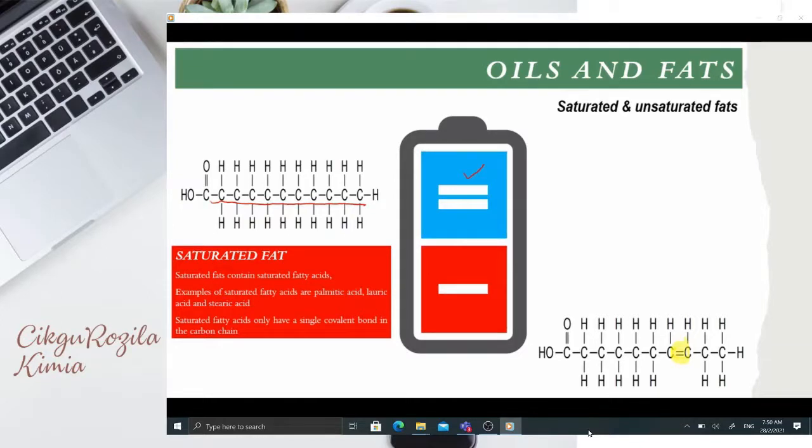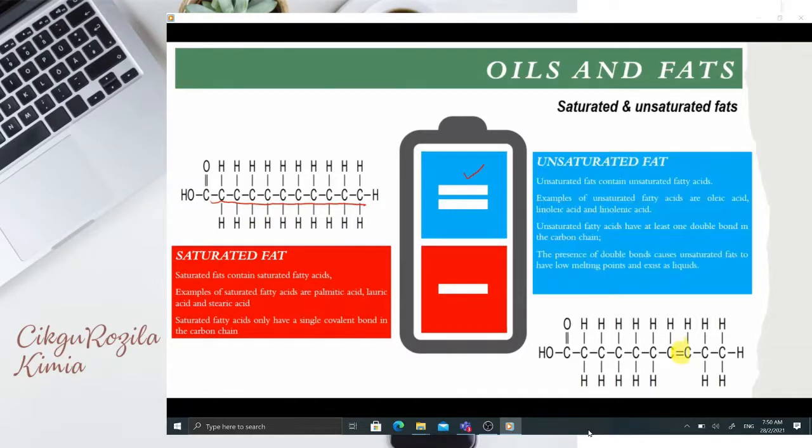So the definition of unsaturated fats is fats that contain unsaturated fatty acid. So examplenya adalah fatty acid yang unsaturated is oleic acid, linoleic acid, and linolenic acid.